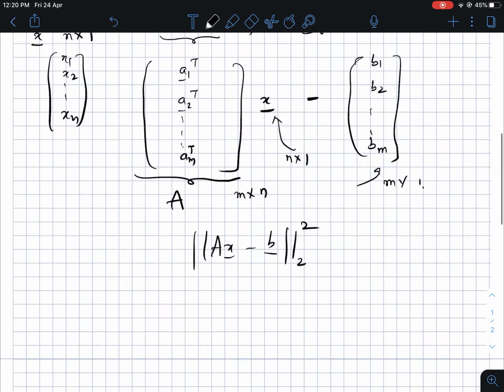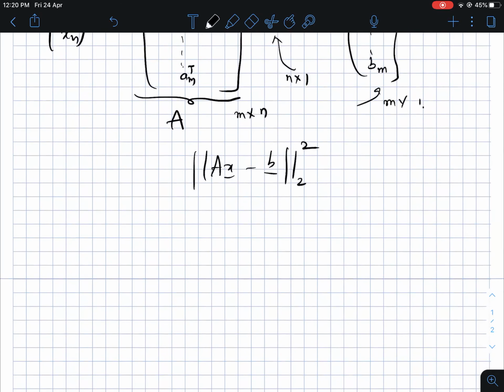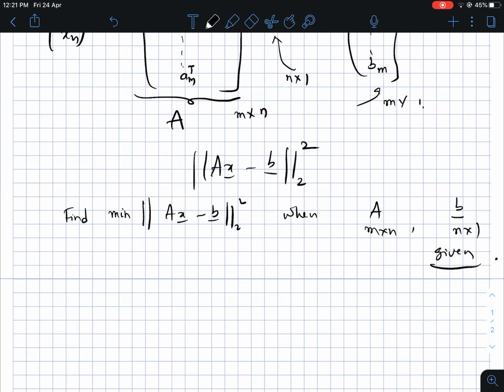So the least squares problem is formulated as follows: find the minimum value of norm Ax minus b whole square when A and b are given. A is m cross n and b is n cross 1. They are both given to you. That's what we are going to investigate in this lecture.